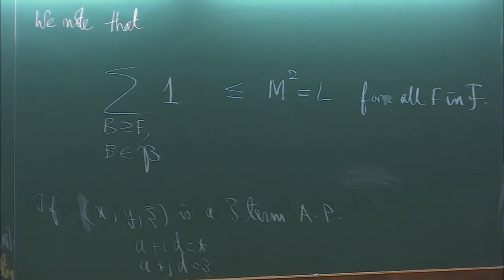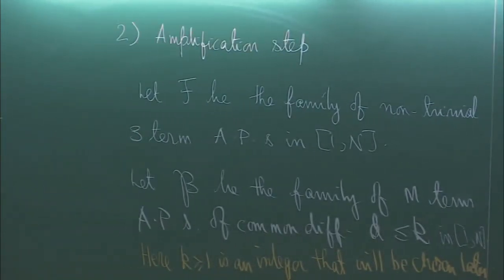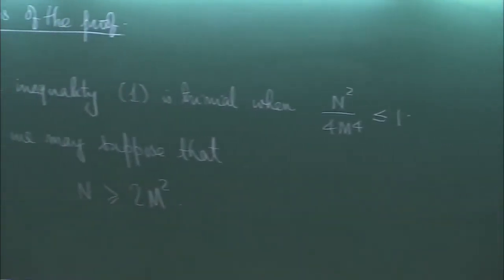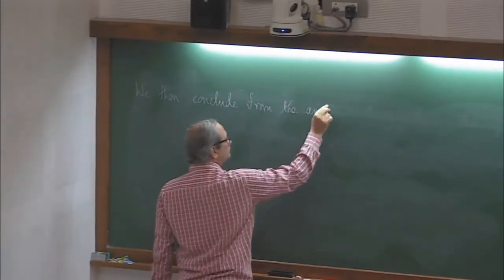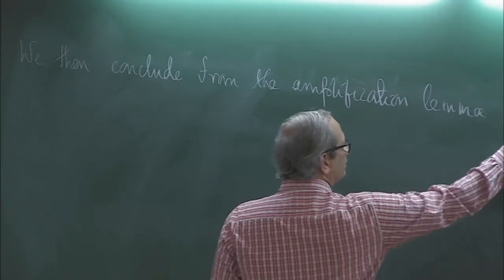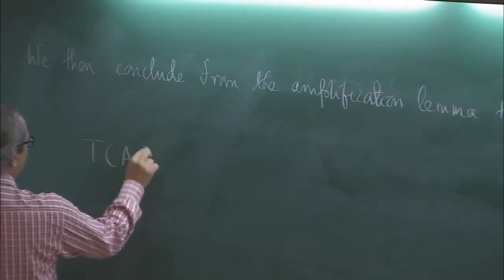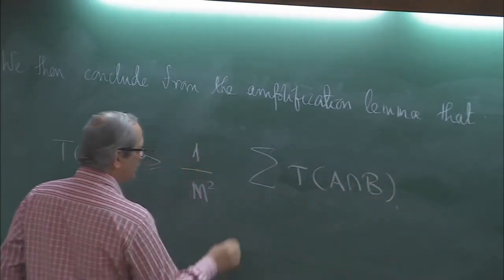Good. So with these two families chosen and that observation, the amplification step gives us, from the amplification lemma, that T of A has the lower bound 1 over m squared times the sum of T of A intersection B, B in the family.